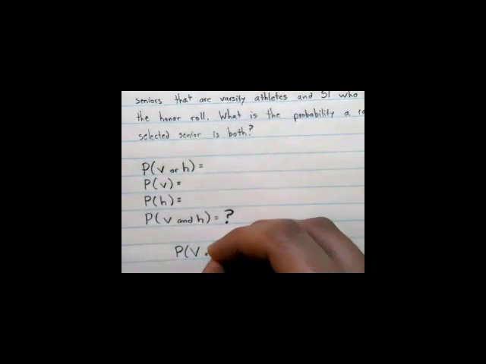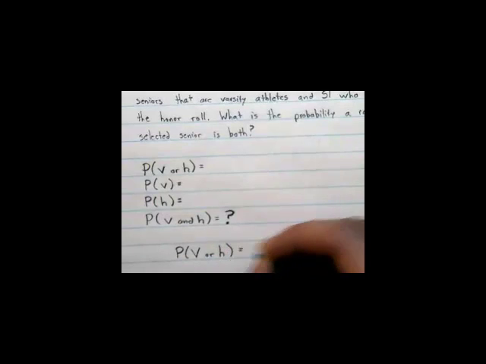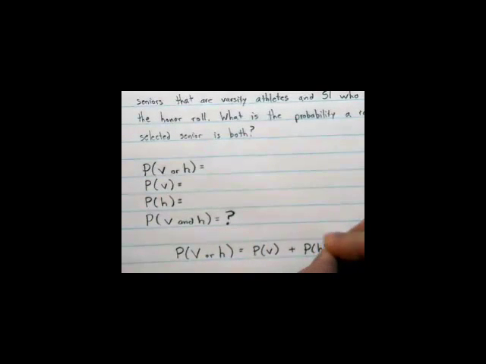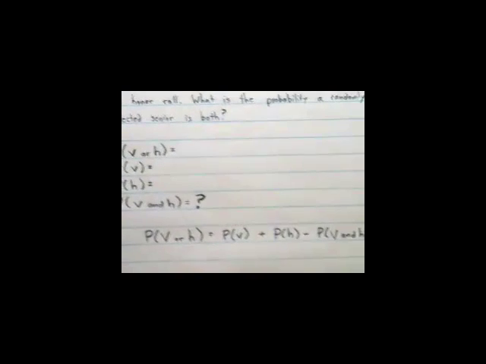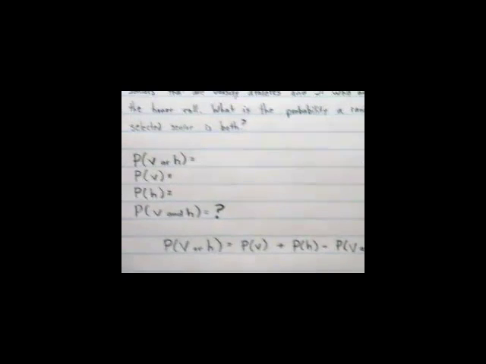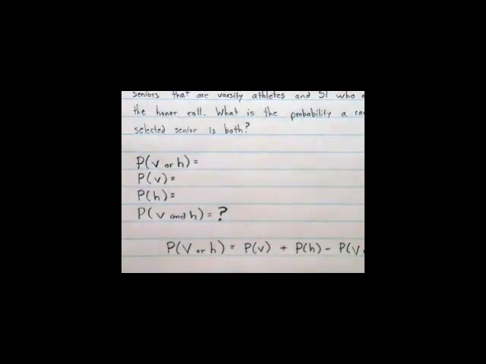The probability of V or H in this case would be the probability of V plus the probability of H minus the probability of V and H. So we're going to use that, but we got to come up with these other three probabilities first so we can plug into that.